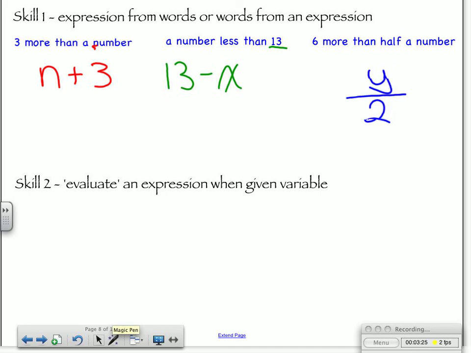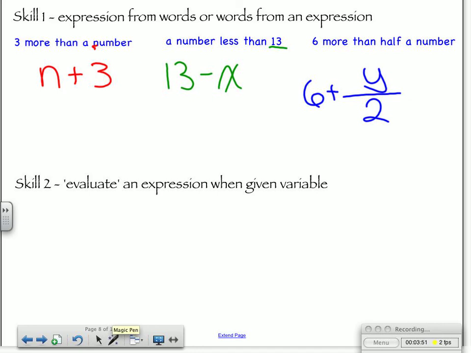Now with addition, it doesn't matter where we put it. We can do plus 6, and that is 6 more than half of a number. But because addition doesn't matter which way you go, you could have also written it like this, so I'm going to have to get rid of that plus. It could also be written like that. Both of those are 6 more than half a number.